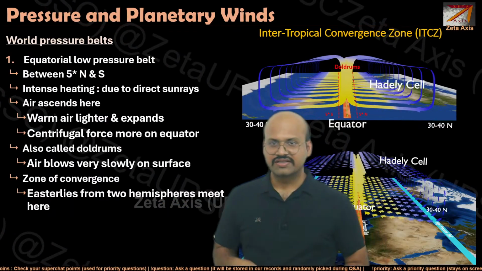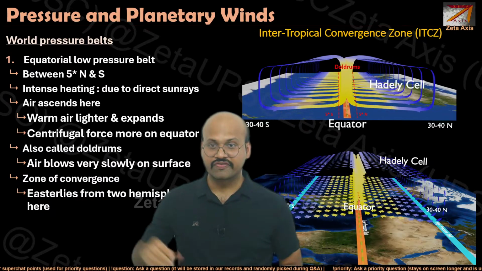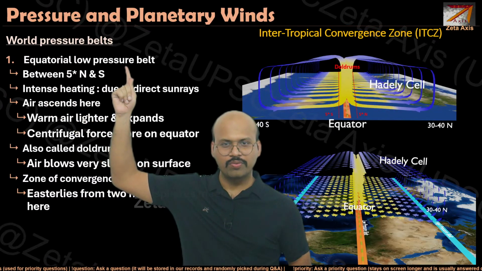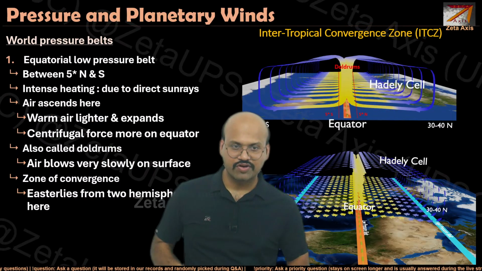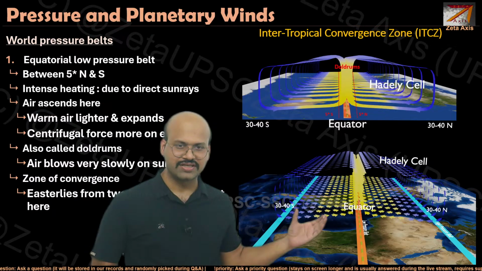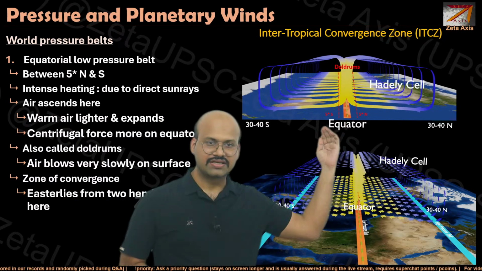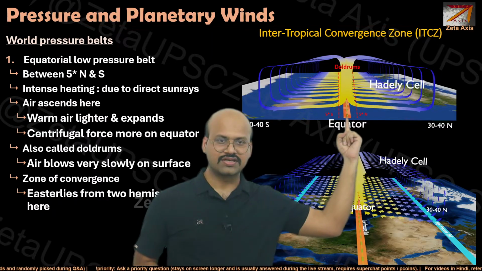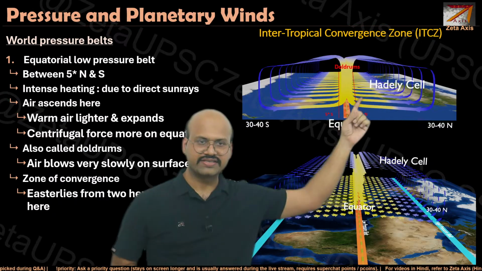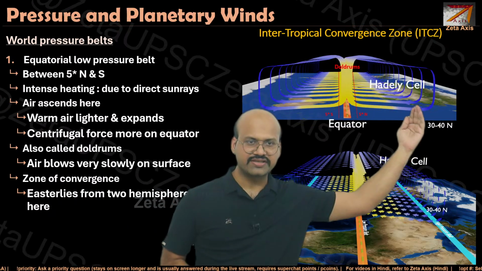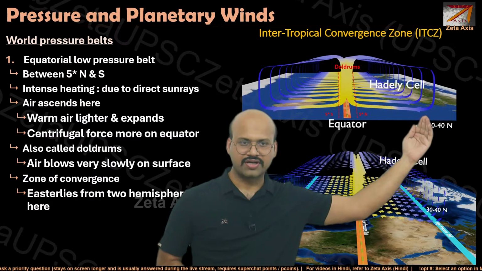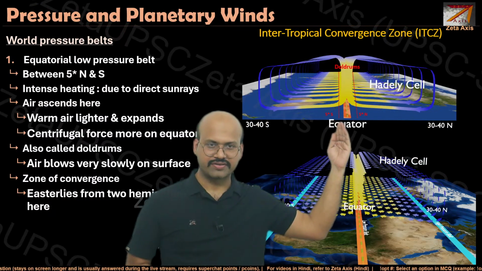So let's see the characteristics of the pressure belts. The first is the equatorial low pressure belt. What is an equatorial low pressure belt? This is our equator, and this is the side view. Here there is the Hadley cell, where the wind is coming from the subtropical region towards the equator.